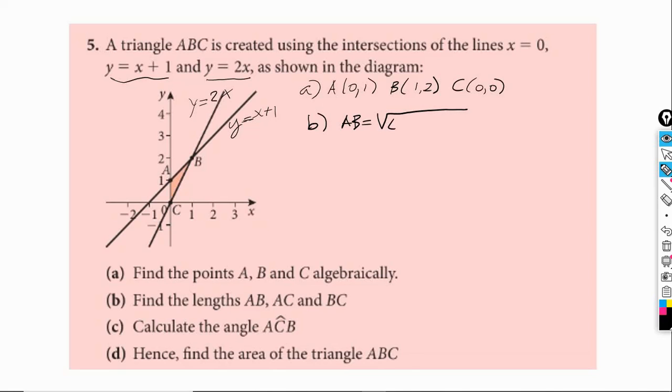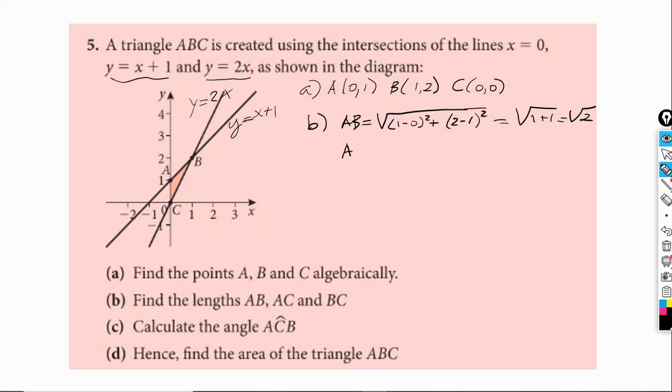So let's do 1 minus 0 squared plus 2 minus 1 squared. 1 minus 0 is 1, 1 squared is 1, plus 2 minus 1, that's 1, 1 squared is 1, so 1 plus 1, this will equal square root of 2.